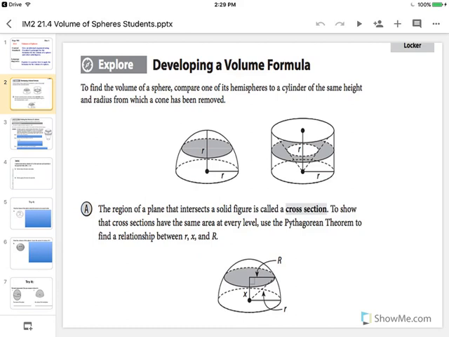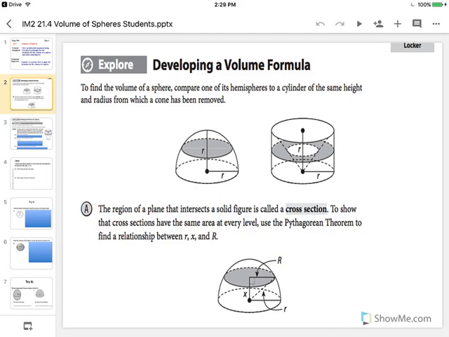So here is an investigation, or explore part, to develop the formula for the volume of a sphere. To define the volume of a sphere, compare one of its hemispheres to a cylinder of the same height and radius from which a cone has been removed.